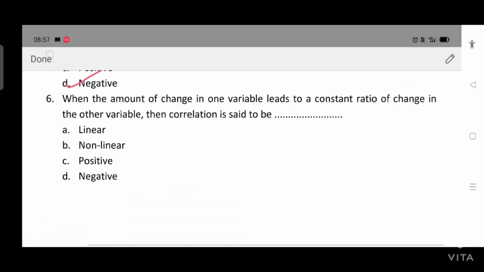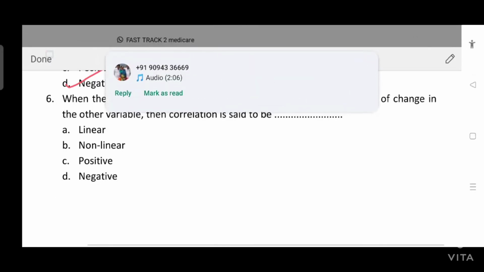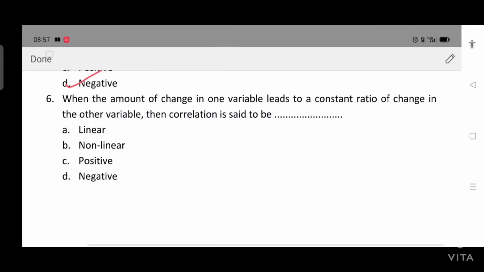Question number 6. When the amount of change in one variable leads to a constant ratio of change in the other variable, the correlation is said to be A, B, C, D. Answer is A. Linear.